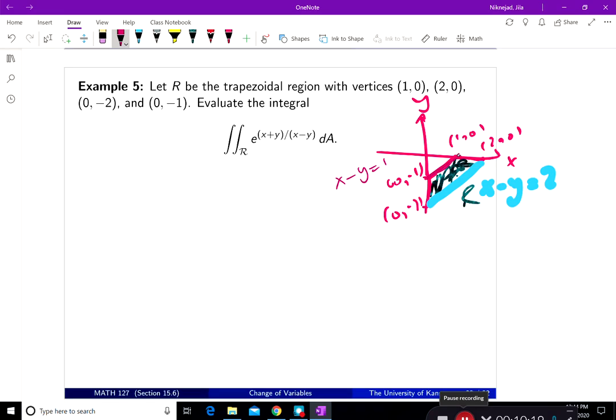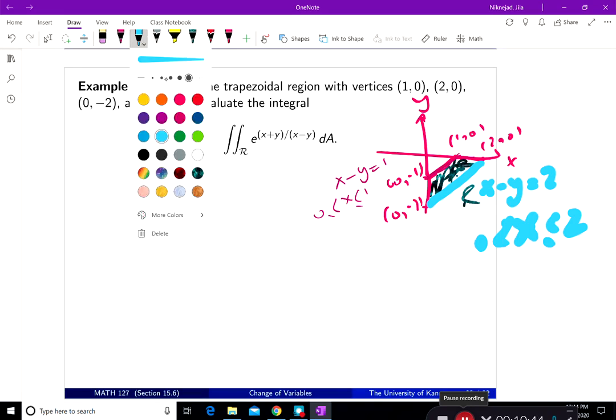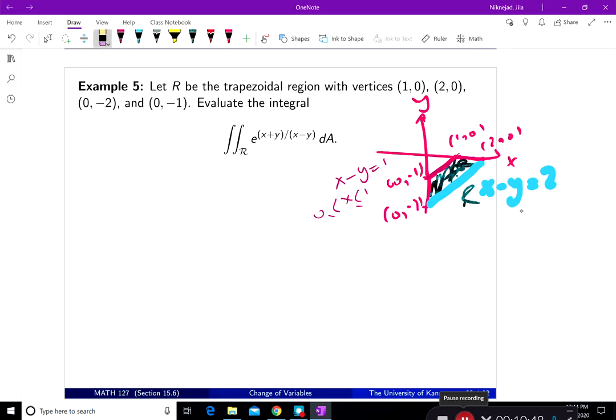And then there is a limit in x and y. So in here, x runs from 0 and ends at 1. Here, x runs between 0 and 2. So sorry, this is not. So x runs between 0 and 2.